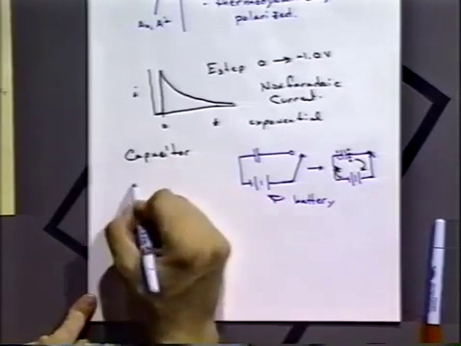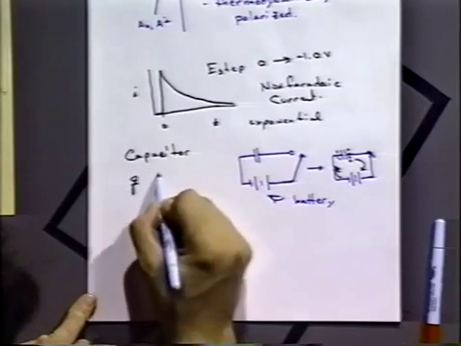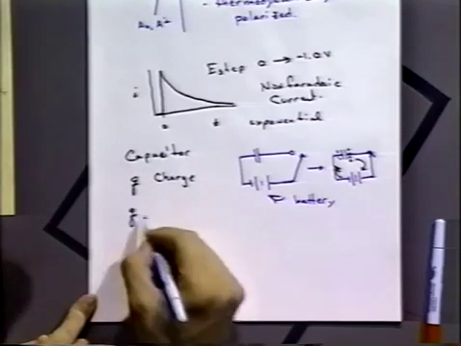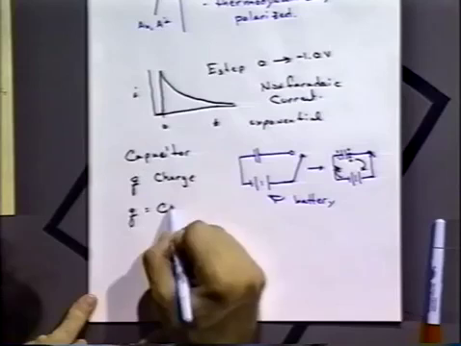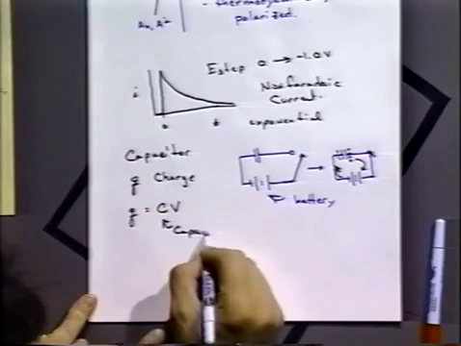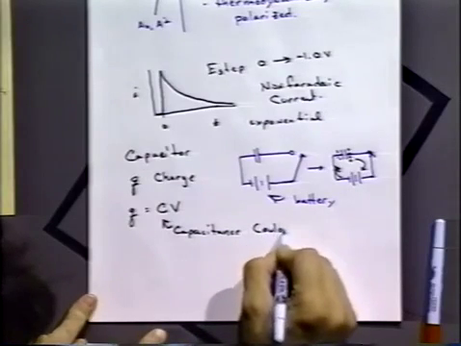How much charge flows? Well, the charge would be given the abbreviation Q. And for a capacitor, the charge is equal to the capacitance times the voltage. And that's in coulombs.